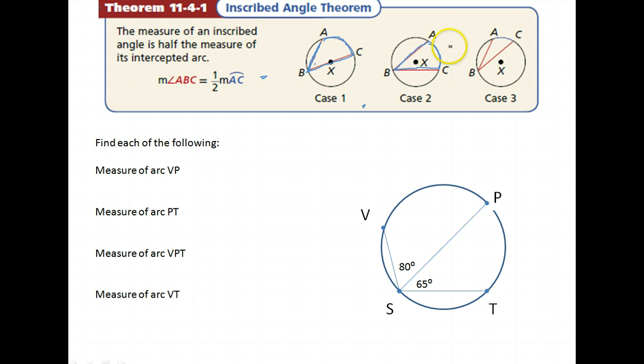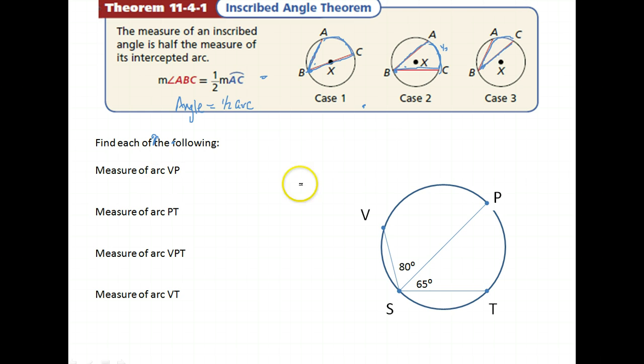Whatever the arc, the angle is half the arc. Anytime you have an inscribed angle, its measure is equal to half the measure of the arc. What you'll want to memorize is that for inscribed angles, the angle is equal to 1/2 of your arc.